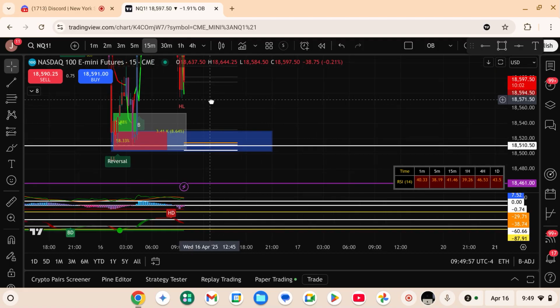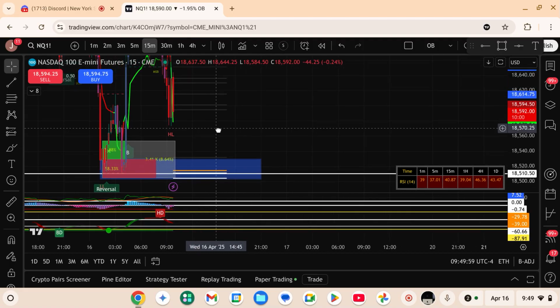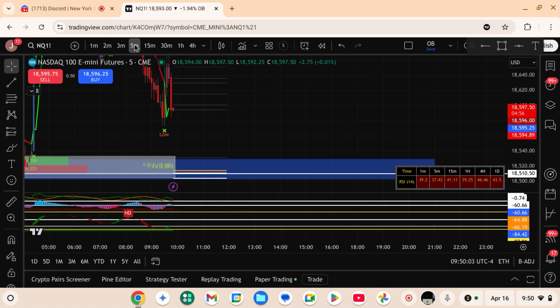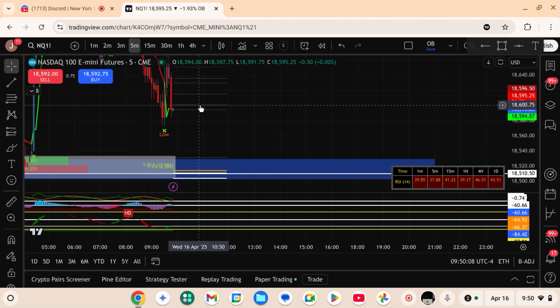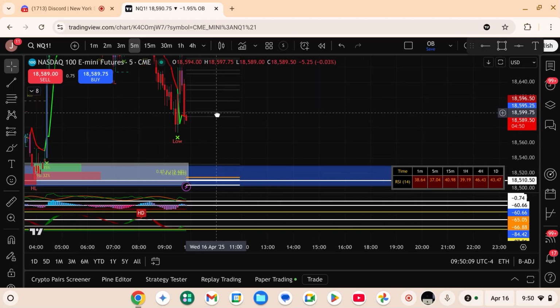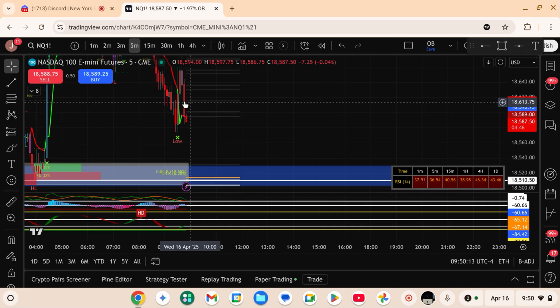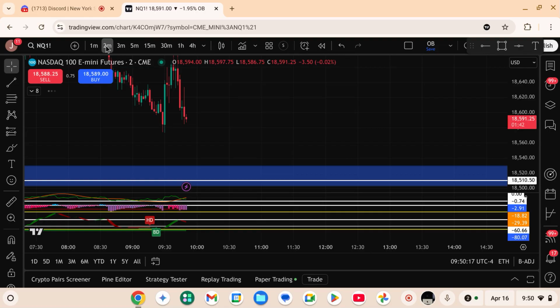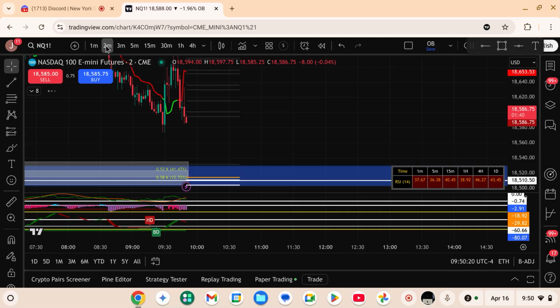When was news? Here was news. What does news do? Manipulate to the upside and then go down. So with things like market open and a red folder, they will always manipulate one side, and then afterwards it's most of the time trading to the other side, which is what's happening right now with open.